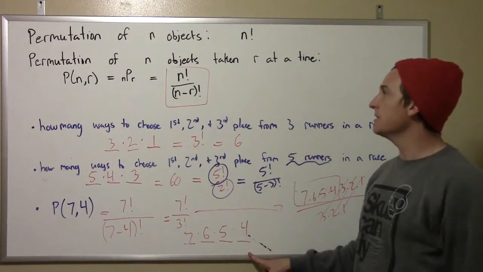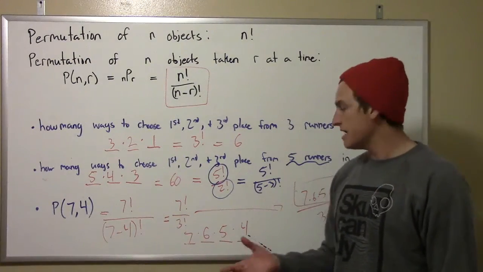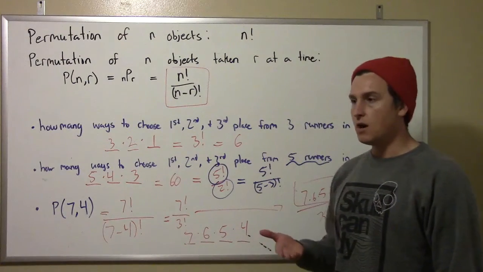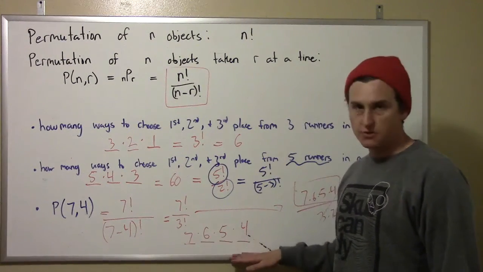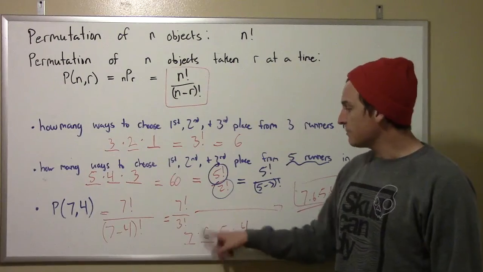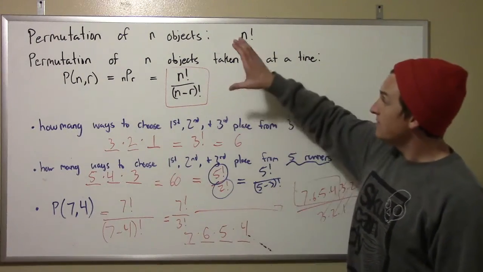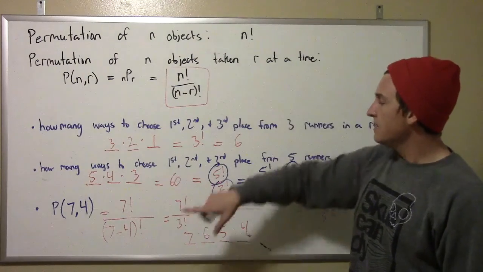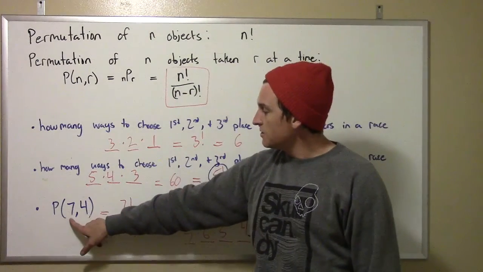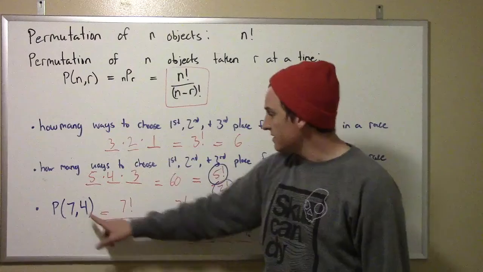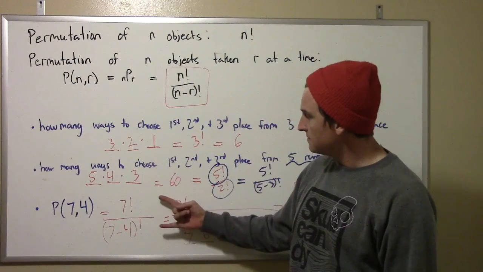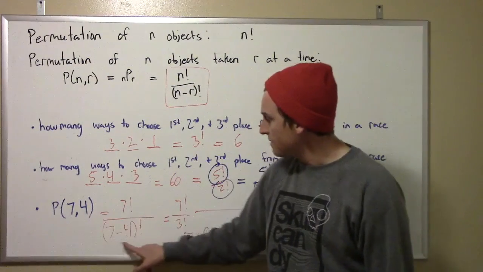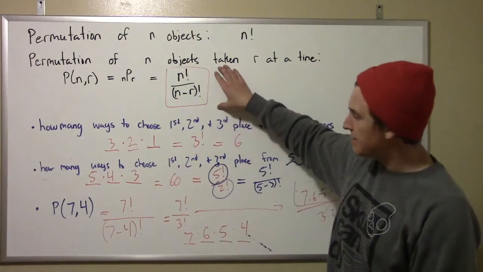How would you say to somebody, okay, fundamental counting principle says put a space there for all the different choices you're going to make, and then put the number of choices you have for each one. That's what this one says. That's what this is kind of saying to do. If you have 7 objects you want to choose from, you got to choose 4 of them and order it, then do this. Right? 7 factorial over 7 minus 4 factorial. That's what the formula says.